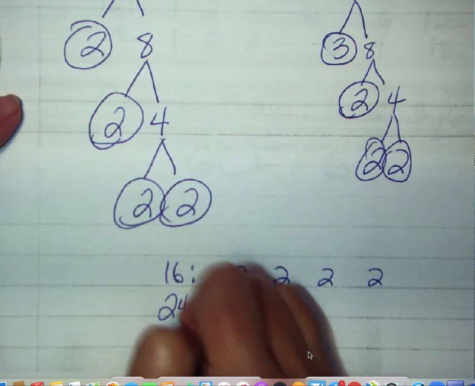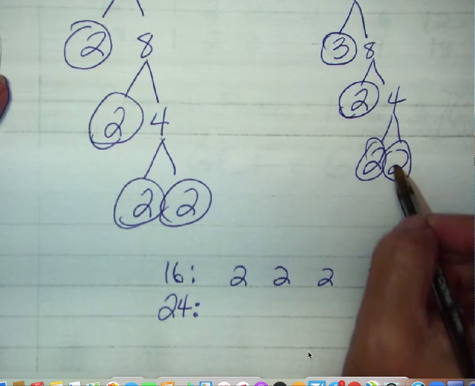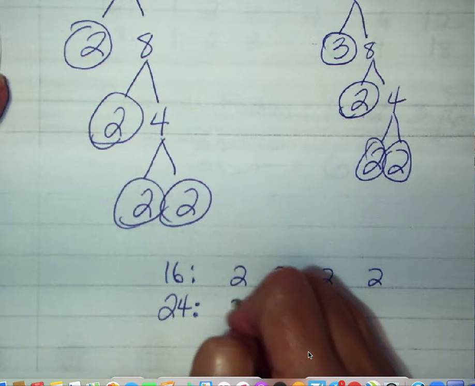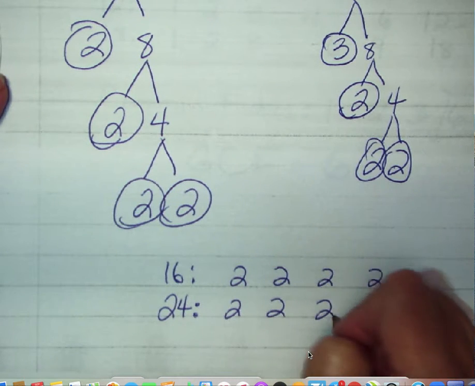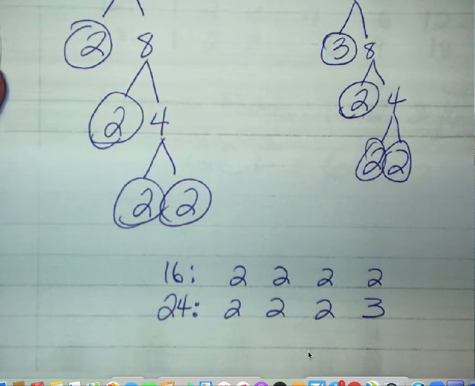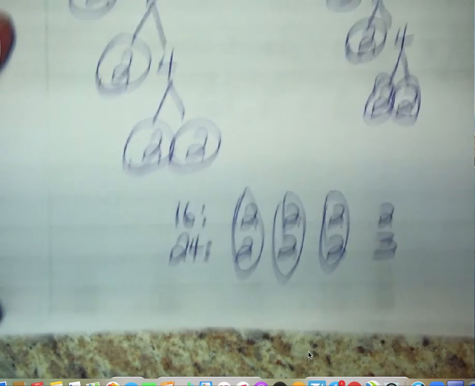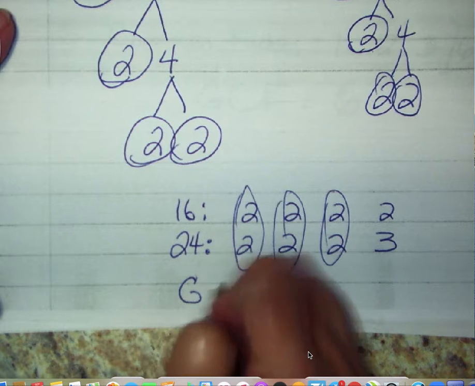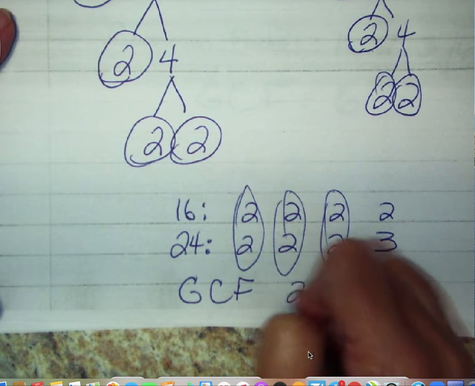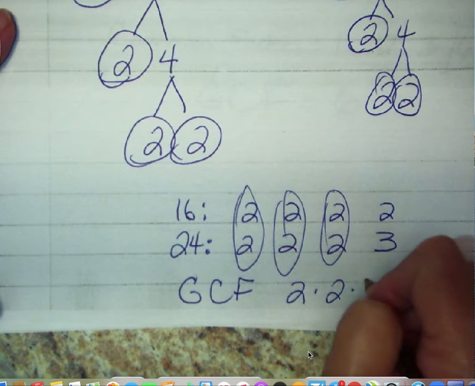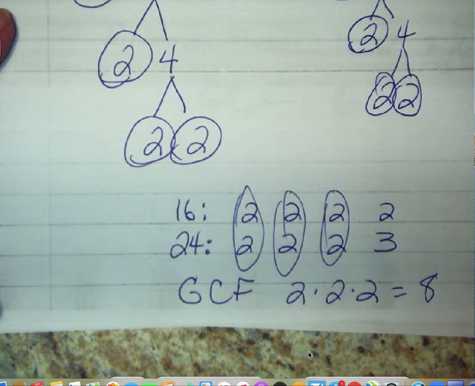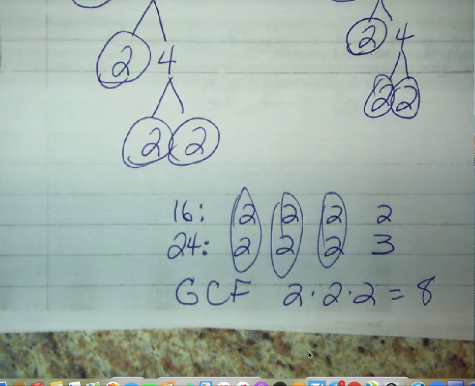So 24 is going to be 2 times 2 times 2 times 3. Now again, what's in common? 2's. So my greatest common factor is 2 times 2 times 2, which is 8. Okay?